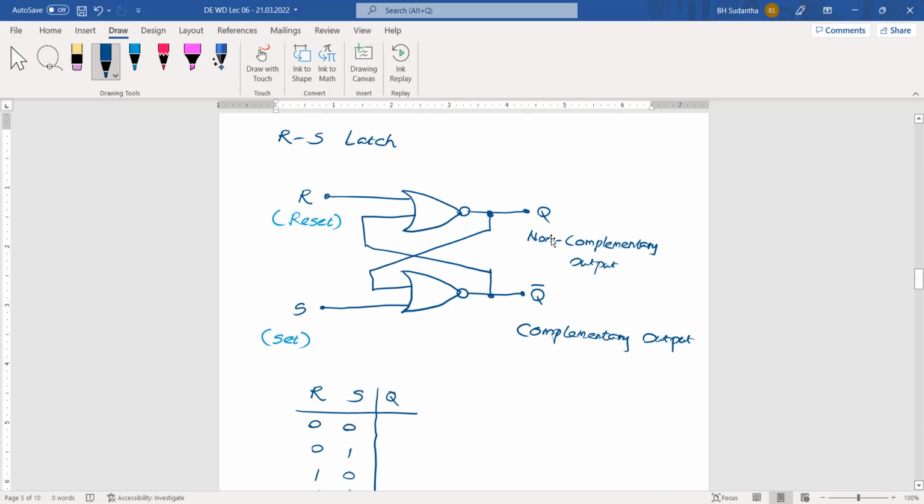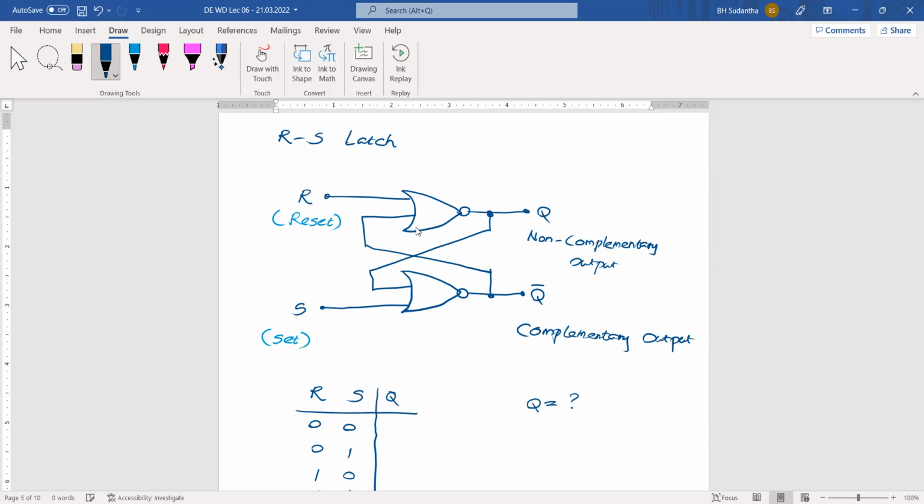When you want to find the value of Q, it is based on two inputs. This is a NOR gate. To determine the Q value, you take two input values and then you can easily determine the output value.